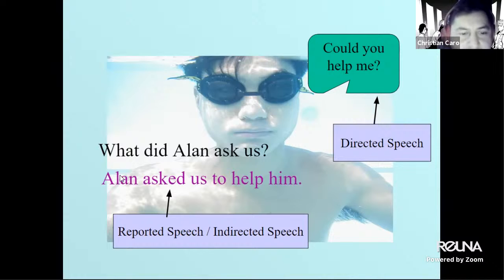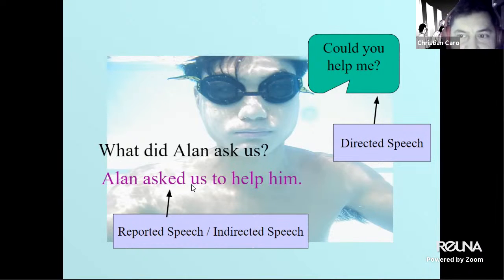All right? Podría haber sido Juanita asked us to help her. Or, for example, they, a group of people, asked us to help them. So that's why the reference is very important.